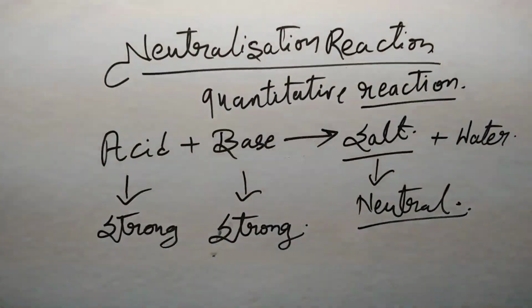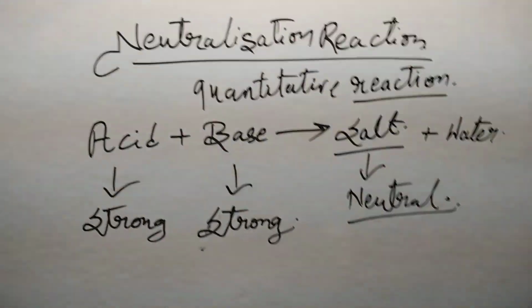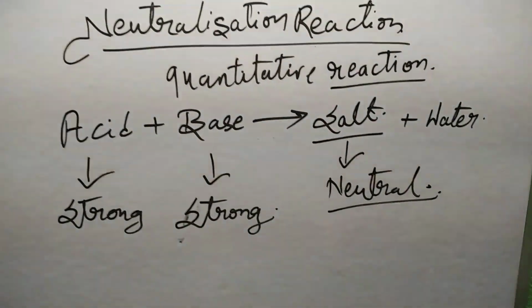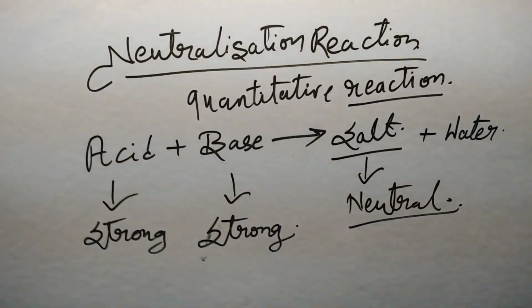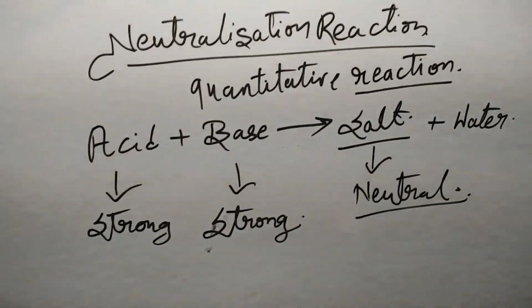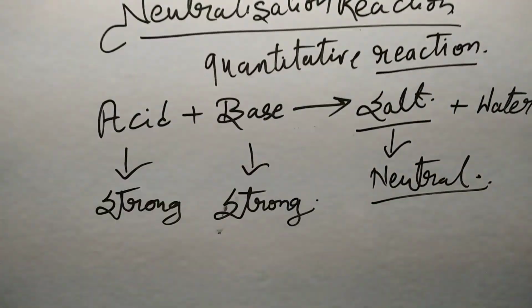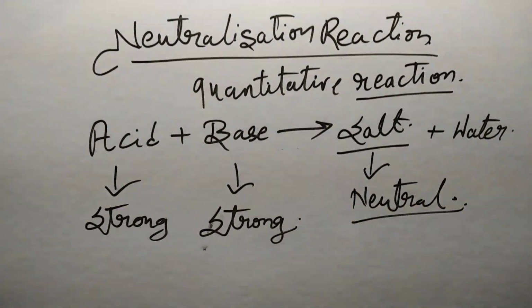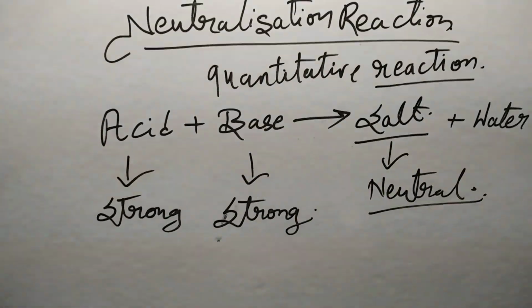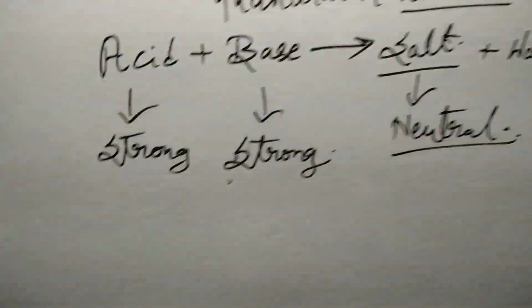See, I told you that a neutral salt will form. Now you students may ask me whether an acidic salt or basic salt can be formed. Yes students, when strong acid reacts with weak base, listen to the term carefully, when the acid is strong and the base is weak, that time it will form acidic salt.